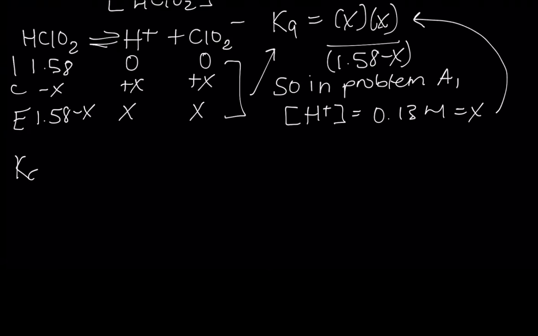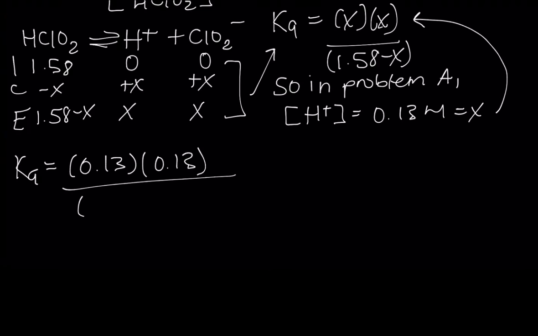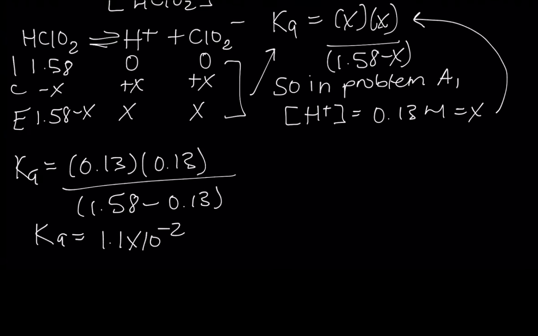So Ka will be equal to 0.13 times 0.13 over 1.58 minus 0.13. And this will give you a Ka value of 1.1 times 10 to the negative 2. And that's your final answer.